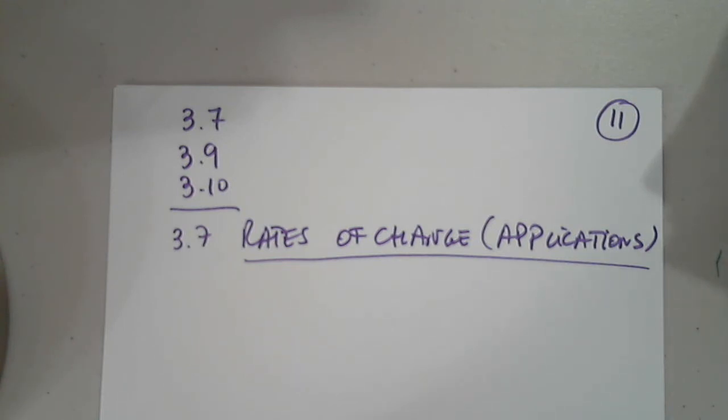So, if a ball is thrown vertically upward with a velocity, so that's one option. A particle moves with position function, such and such. This we know, we've done this in chapter 2. Again, this is the same thing.